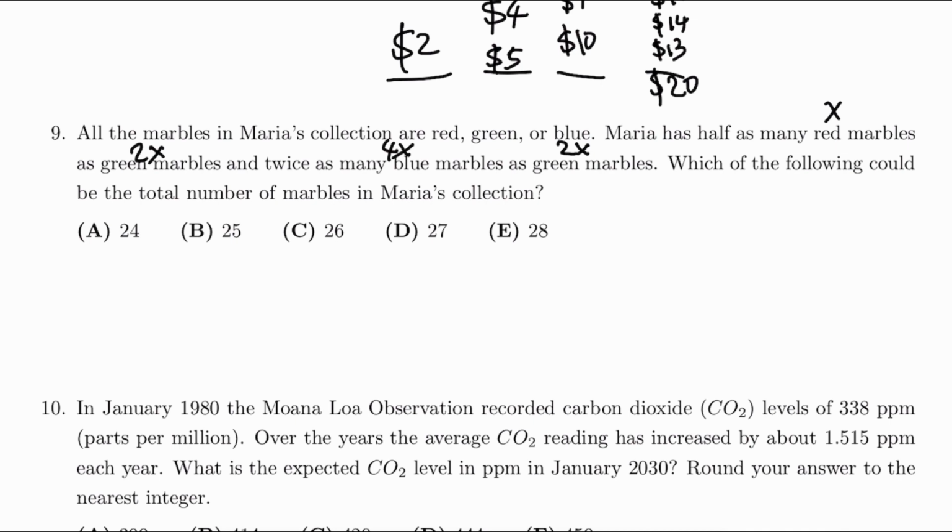And we want the total number. The total number is x plus 2x plus 4x, which is going to be 7x, and it has to be divisible by 7, which the only number divisible by 7 here is going to be 28.